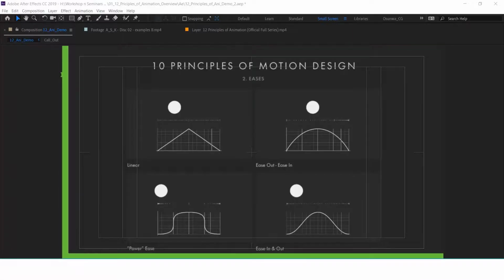Now, this whole idea of making the frames close to each other, and making them far apart from each other, is also represented in animation software.